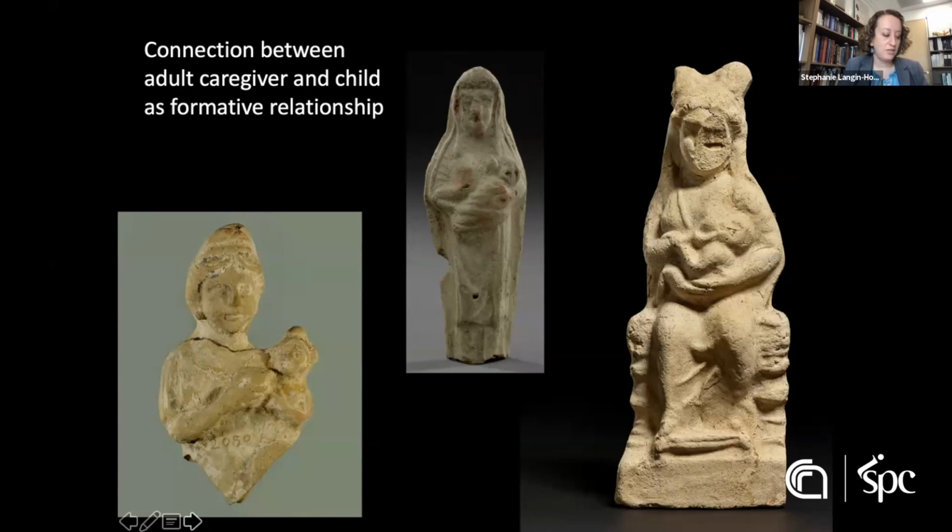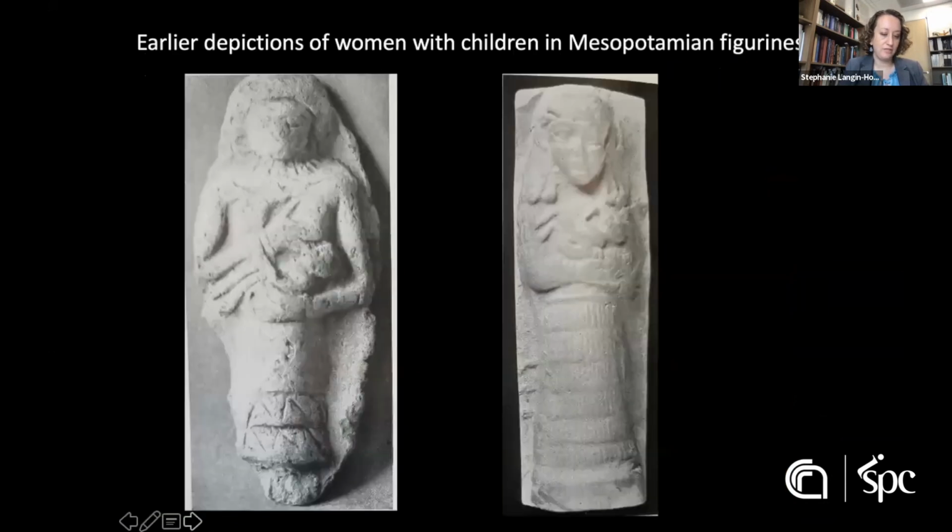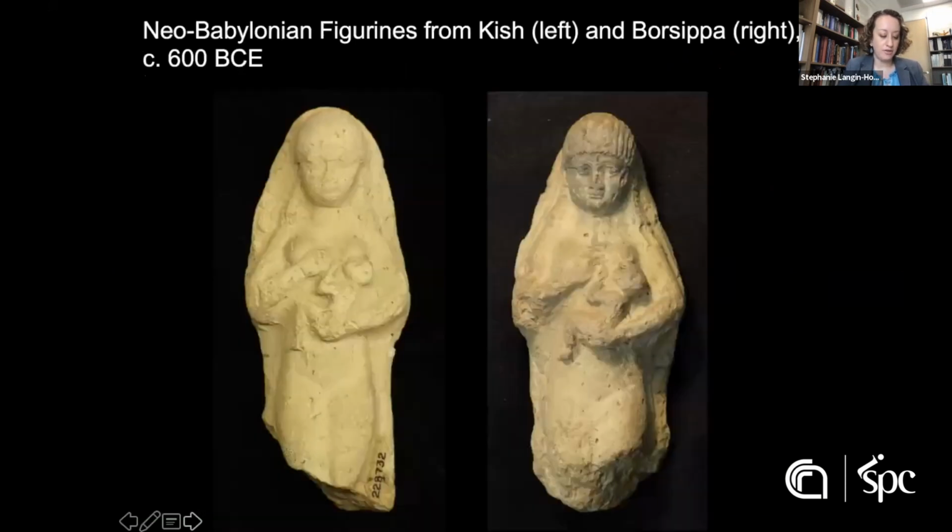Now, depictions of adult women with a child have a long history in the figurine traditions of the ancient world, as you all know. In Mesopotamia, figurines of women with children were already common by the 3rd millennium BCE. Hellenistic Babylonian figurines depicting women with children more immediately followed upon the intense popularity of the nursing mother motif in the Neo-Babylonian period.